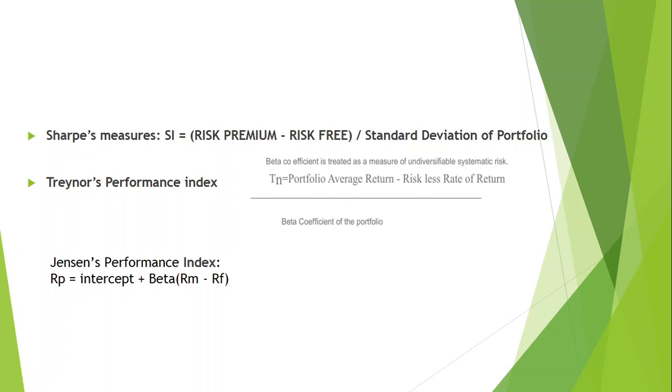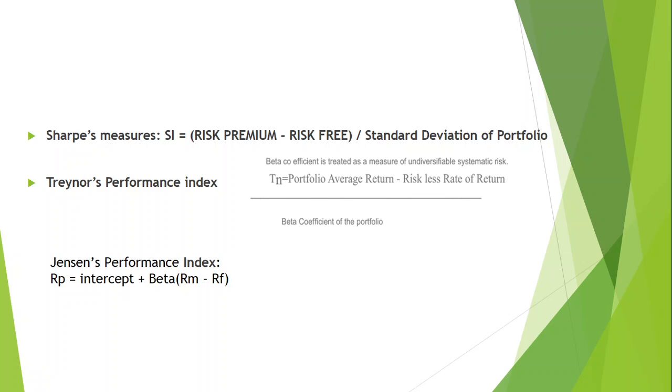With the help of the characteristic line, Treynor measures the performance of the fund. The slope of the line is estimated by the following formula, that is Tn is equal to portfolio average return minus riskless rate of return divided by beta coefficient of the portfolio.